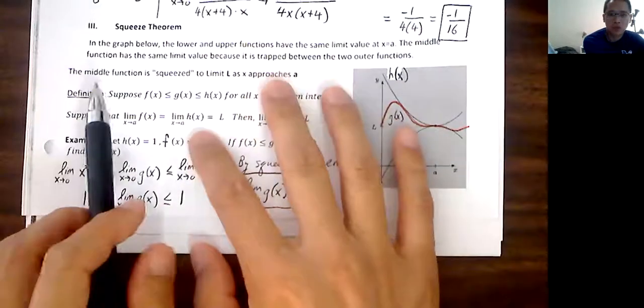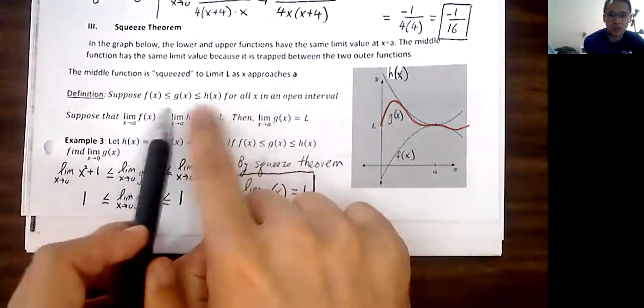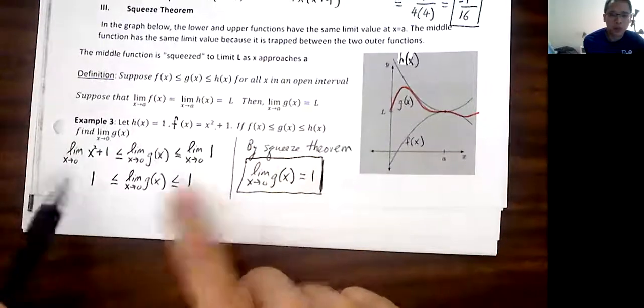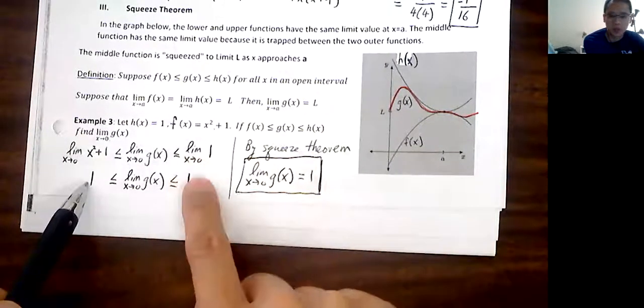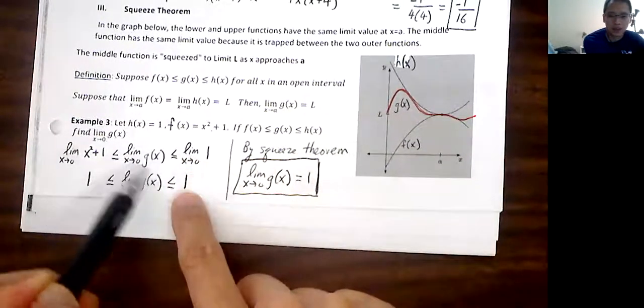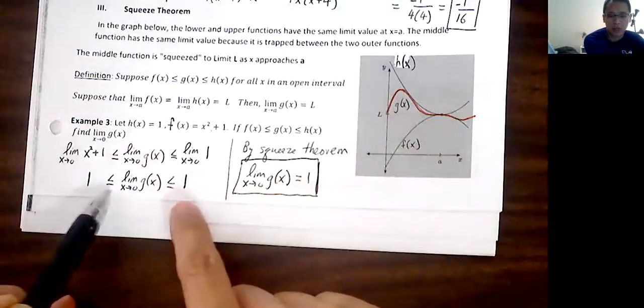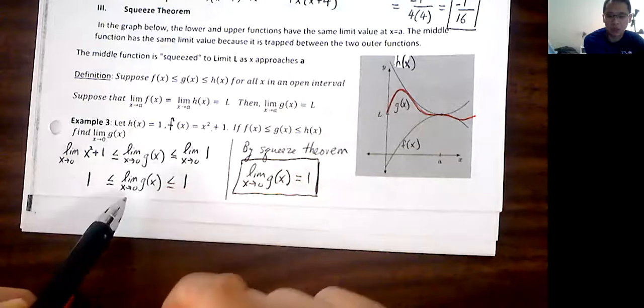Now this squeeze theorem breaks down if we don't have this relationship established, or if these are not in agreement. Let's say this is equal to 1 and this is equal to 3, then there's still a lot of unknown. We know g is between 1 and 3, but it's not going to allow us to pinpoint a specific value.